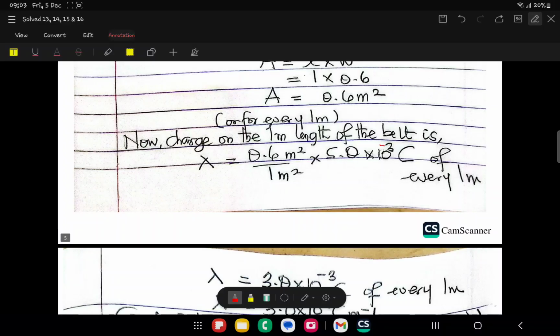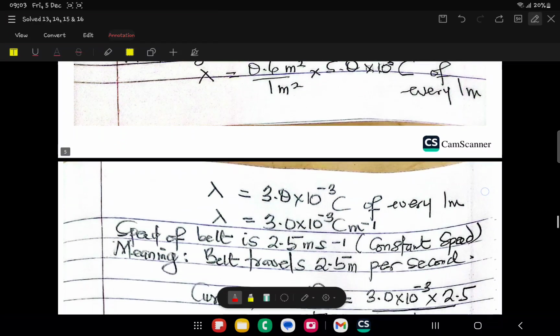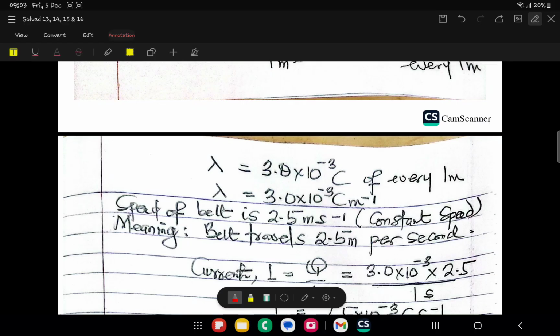Once we pick a 1 meter length of the belt, the charge deposited on the belt, based on the charge density given in the question, is 3.0 times 10 to the power minus 3 coulomb. We can now extend this and find the total charges, and once we know the total charges, we can find the current collected into the wire.